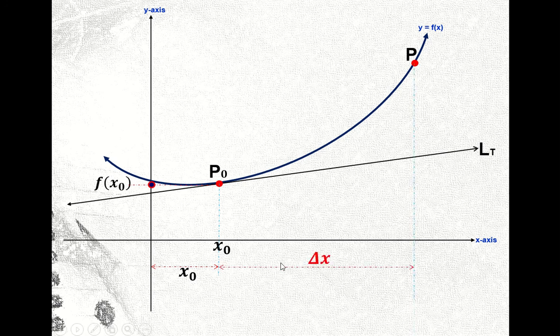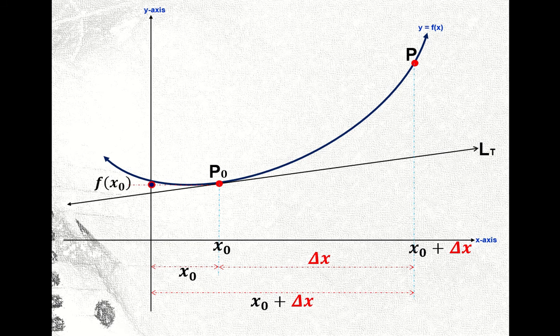So call that distance, the horizontal distance between these two points P sub 0 and P, equal to delta x. And we can write the distance from the y-axis towards this point here as the sum, x sub 0 plus delta x.